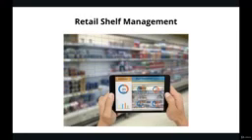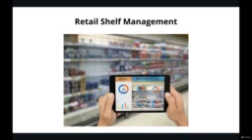Another very interesting one is retail shelf management. So we have these mega stores, and these mega stores have inventory of many products. And at times it becomes difficult for retail staff to actually know which product is missing on the shelf, which products are now getting stocked out, and many other things.